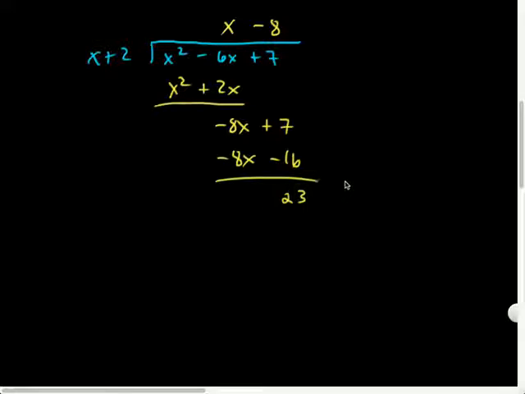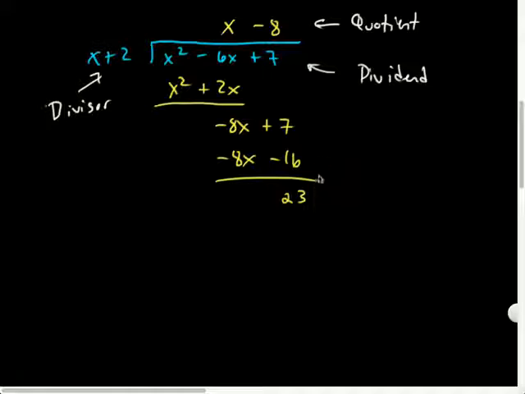So this, once again, was the dividend. This was the divisor. And this was the quotient. And this was the remainder.